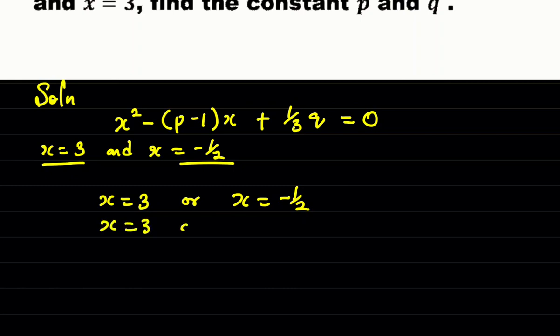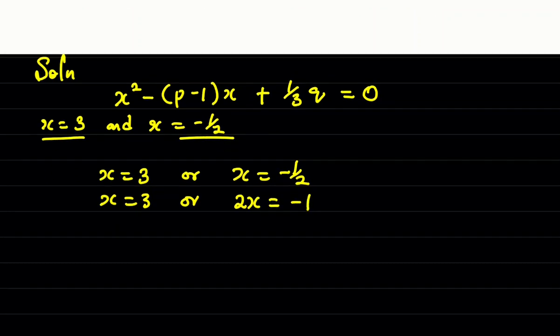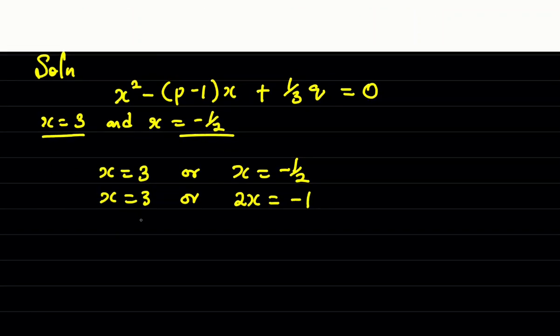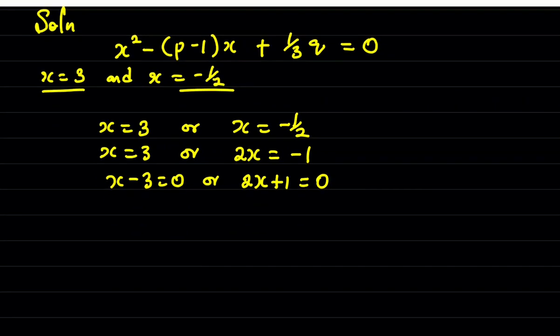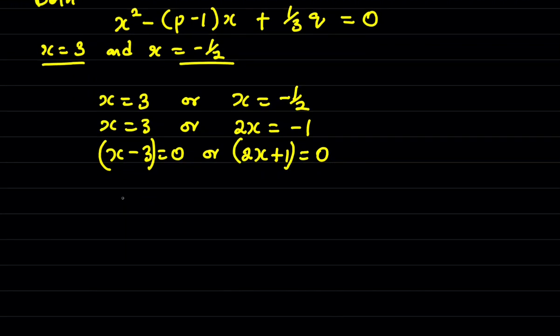Now x equals 3 gives x minus 3 equals 0, or by cross multiplication we have 2x plus 1 equals 0. Now, since we have these two factors, we can find the equation by multiplying them.